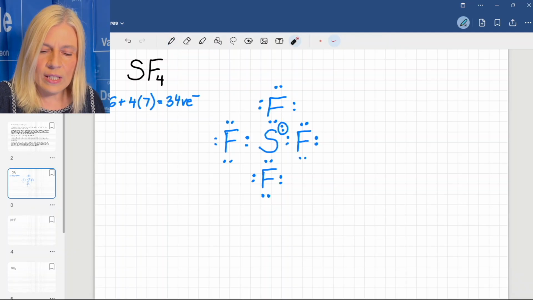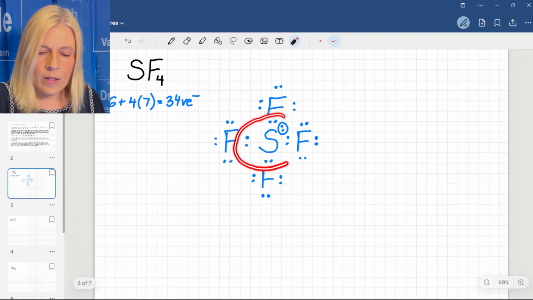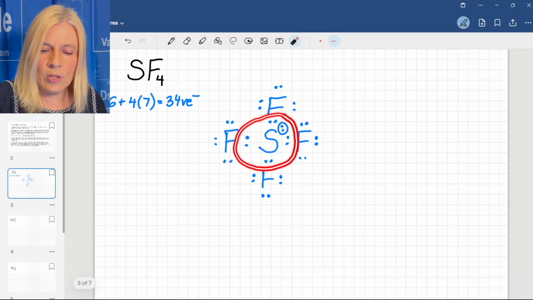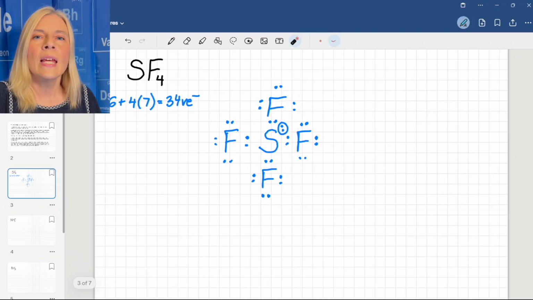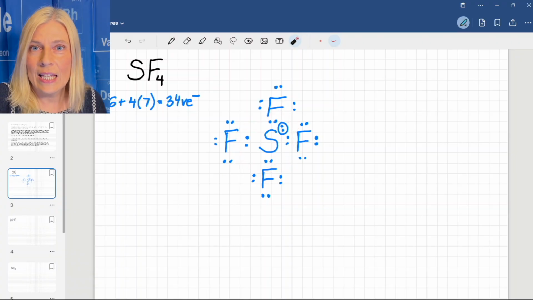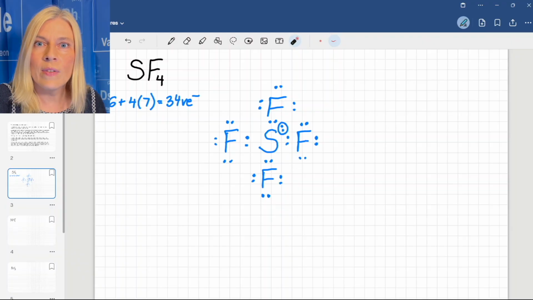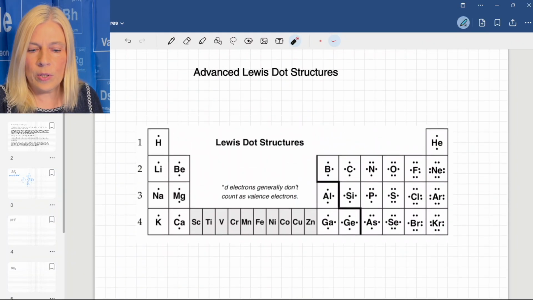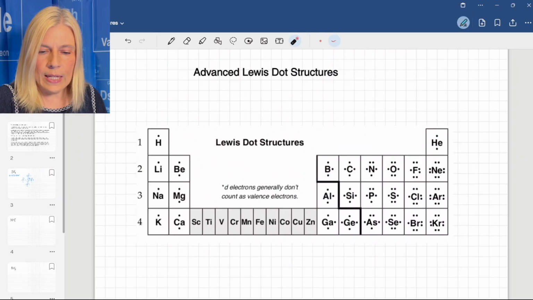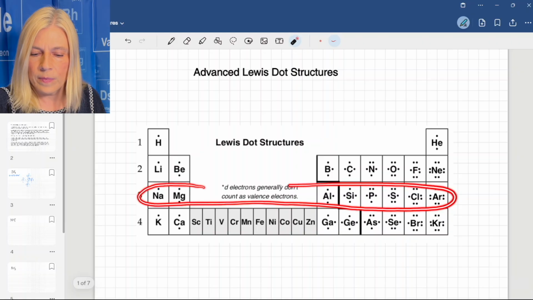And you see a problem? Let's count the electrons around sulfur, and we can see it's 10. It's not 8. So we have 10. And is this okay? And the answer is yes. Sulfur can have more than 8 electrons around it. And why? Well, remember, sulfur is in the third energy layer.